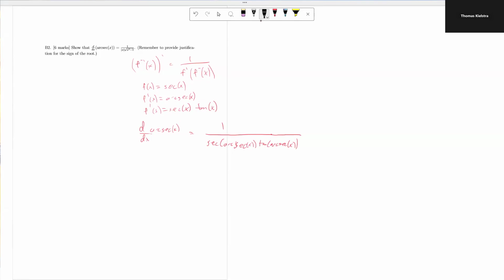To do this, I'm going to let theta equal arc secant of x. So x equals secant theta.